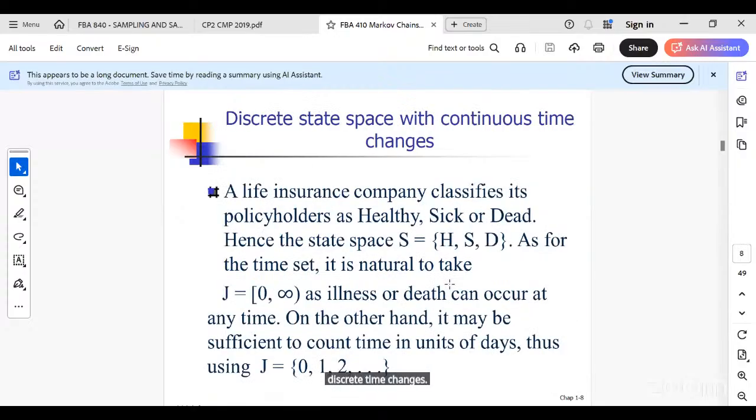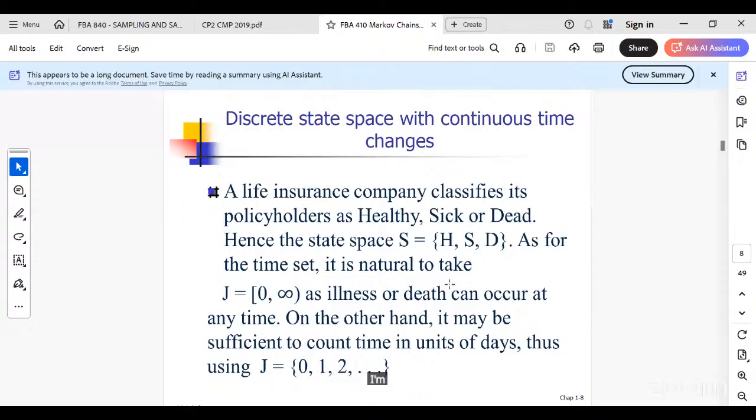I also gave an illustration of the three-state model for healthy, sick, or dead for a health insurance process. The time set, of course, can be considered to be discrete if time has been discretized. But we all know that in the real sense, time to fall sick is continuous.